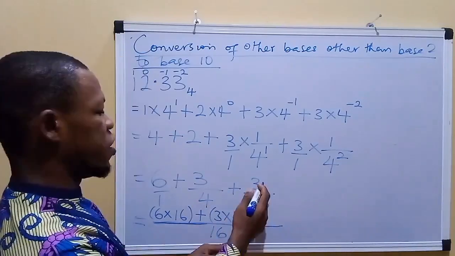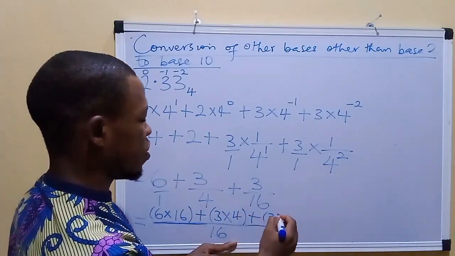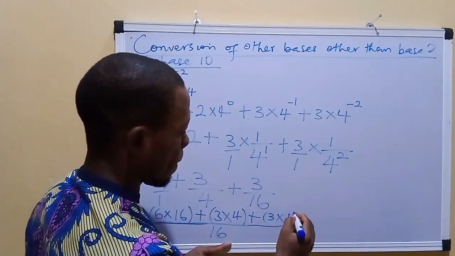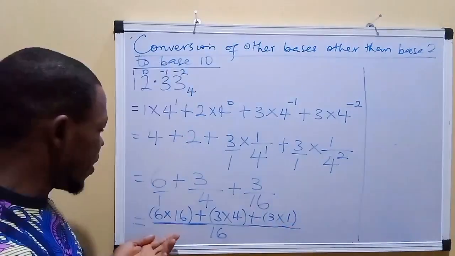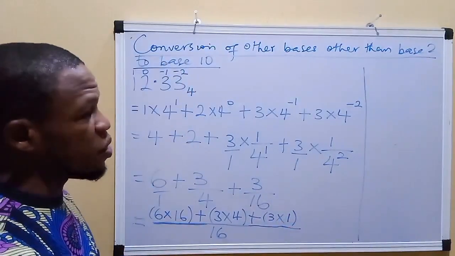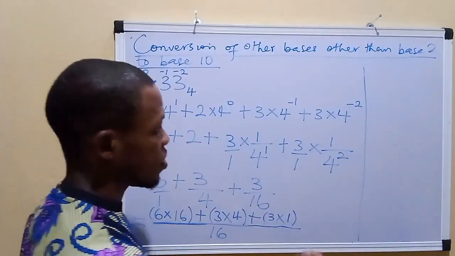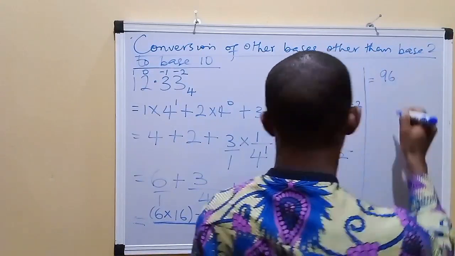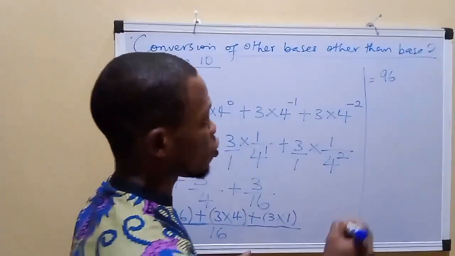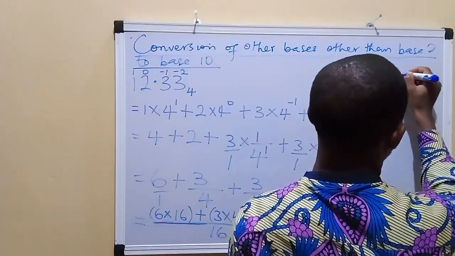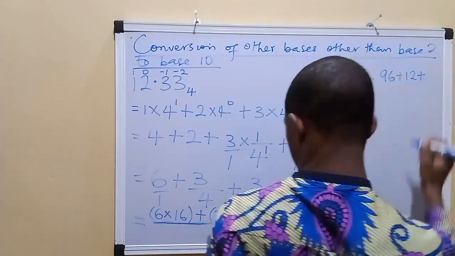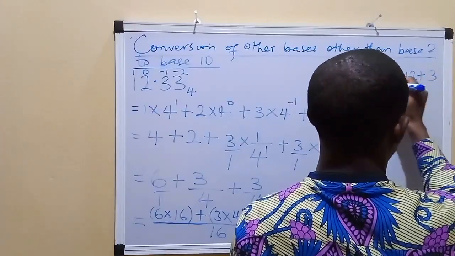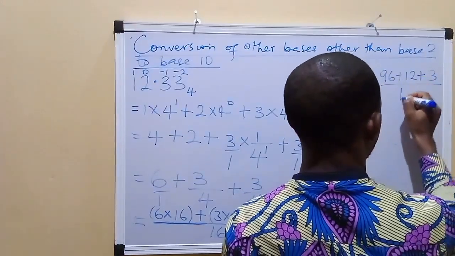Plus the numerator here, 3 times 16 divided by 16, which is 1. 6 times 16 gives us 96. Plus 3 times 4, 12. Plus 3 times 1, 3. All over 16.